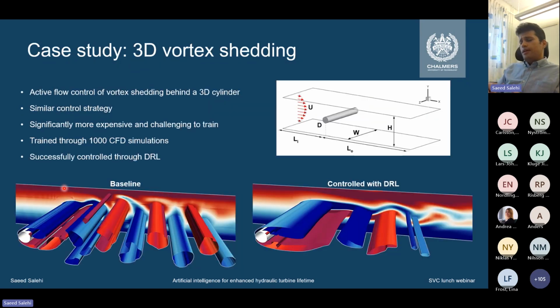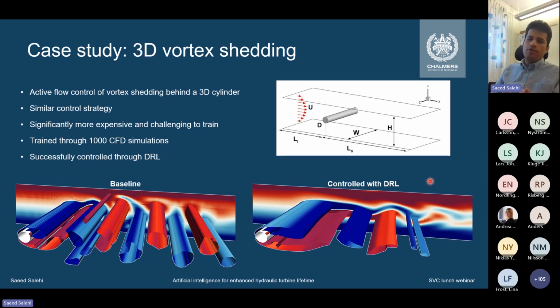But then I moved on to a three-dimensional case, and that's much more challenging. Here we're looking at vortex shedding behind a three-dimensional cylinder at Reynolds number 150, and it's an expensive case.